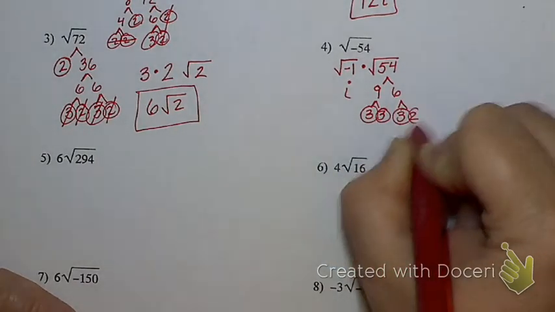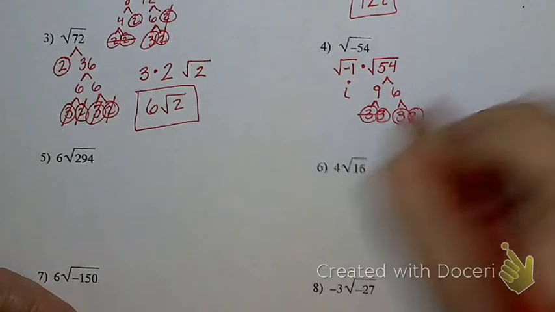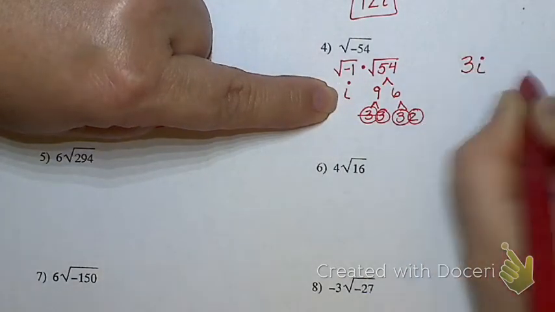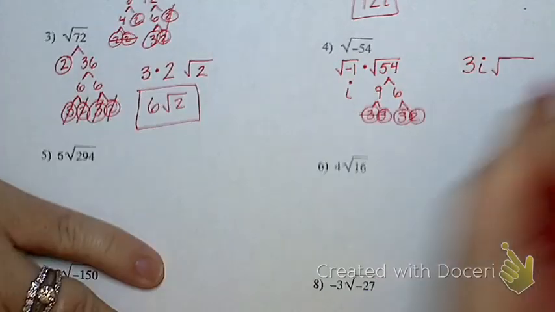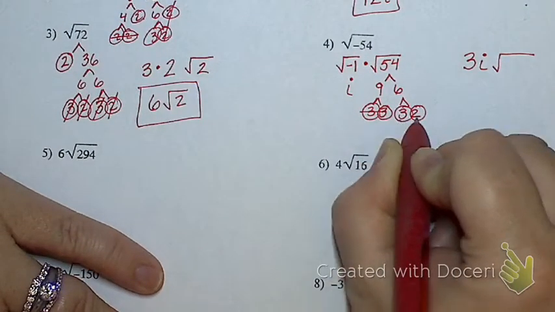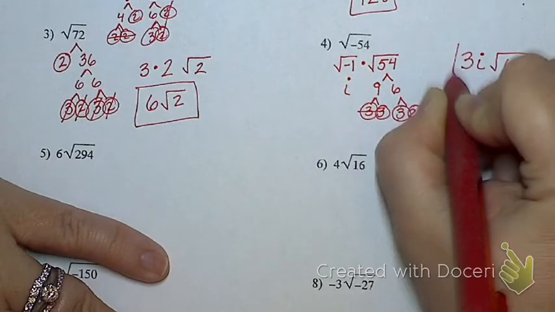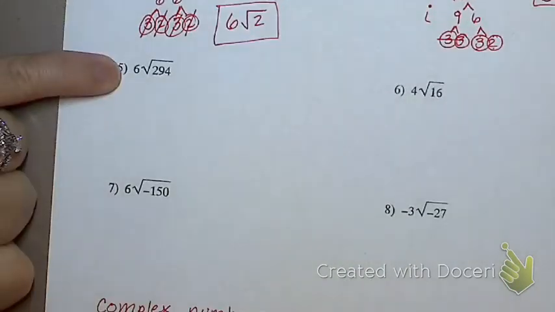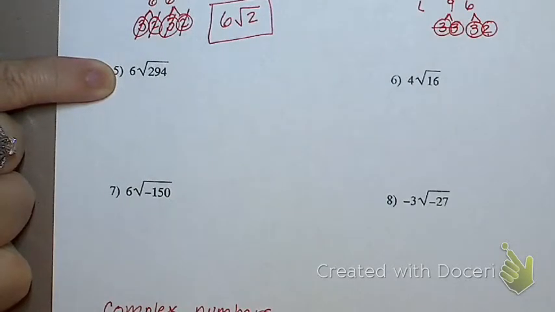What comes out? A 3. So I have a 3 outside. I also have i outside. And what's inside? The 2 loners. 3 times 2 is 6. Good?